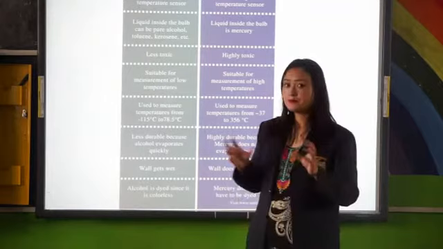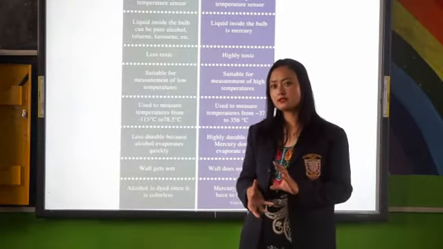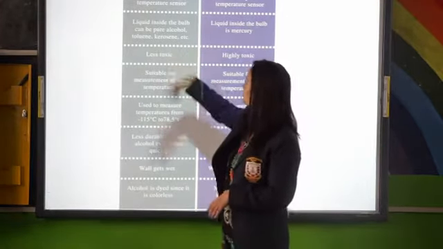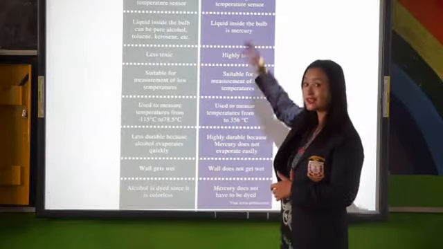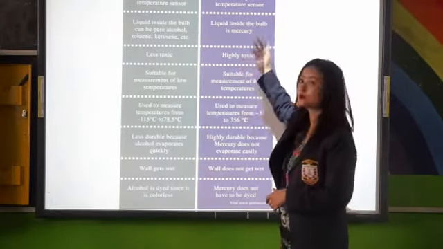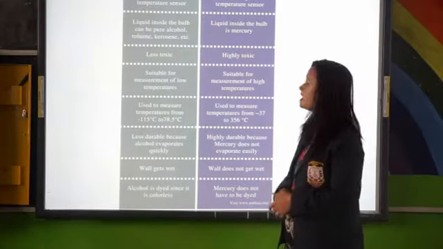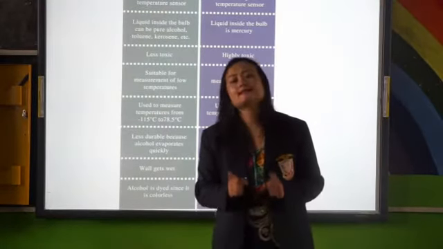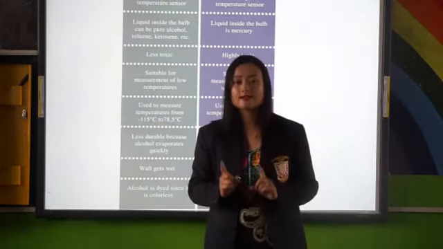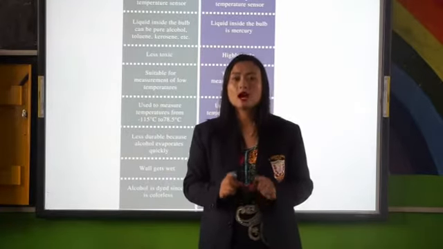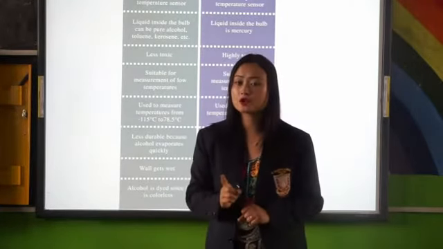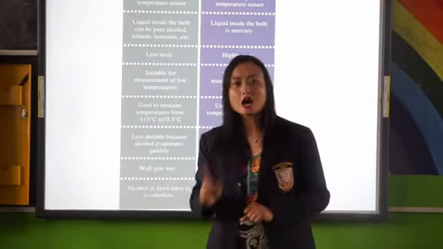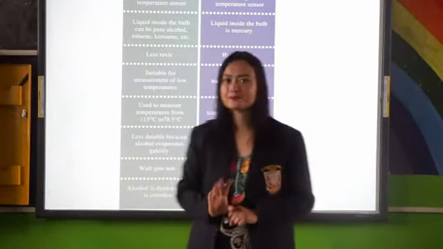The liquid inside the alcohol thermometer would be purely alcohol or kerosene, whereas inside the mercury thermometer it would be mercury. And alcohol is less toxic than mercury.